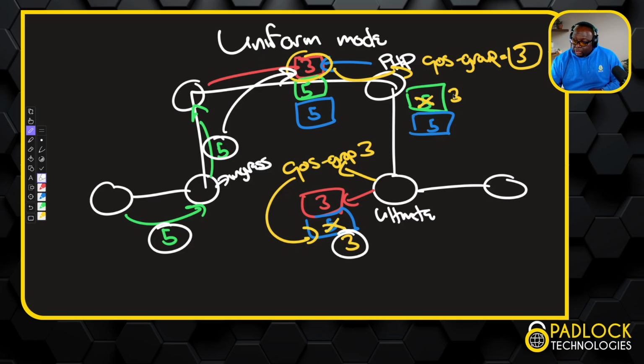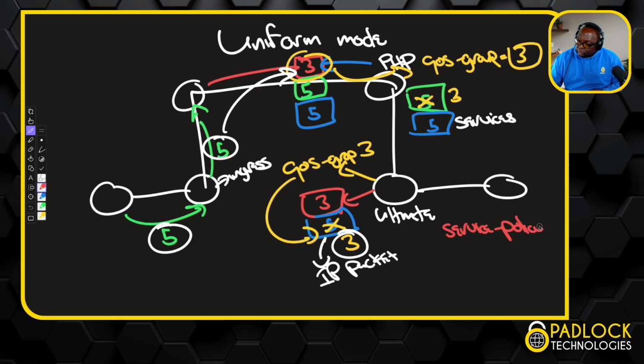So you're going to end up copying those markings down all the way to the VPN label. I'm going to say this is the service label. And then the IP packet here will eventually get that 3, right? And then your outbound service policy will be based on the 3, and you can do whatever you want to do at that point.